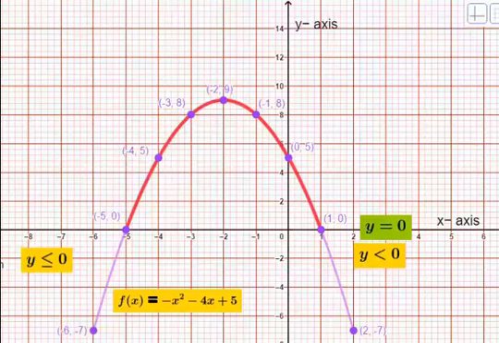And then, when we talk of y less than or equal to 0, it means that those with y values of 0 should be included in our answer, and those with y less than 0, that is the negative values, should also be included in our answer.